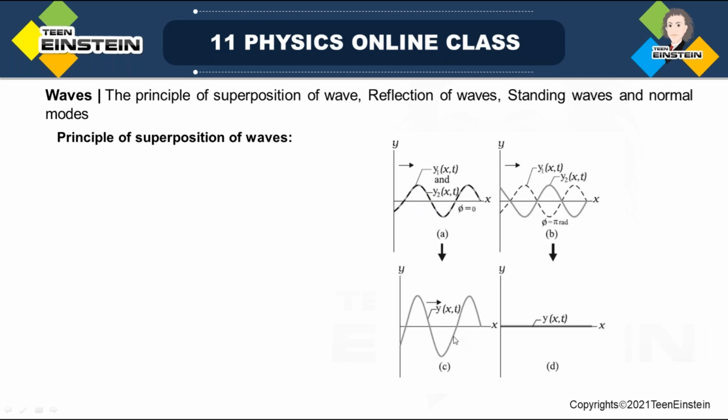This is the resultant wave, the displacement of the resultant wave when the phase difference is 0. And when the phase difference is pi radian, there is no displacement, so you will get 0 displacement.